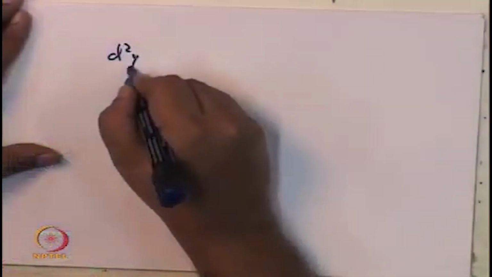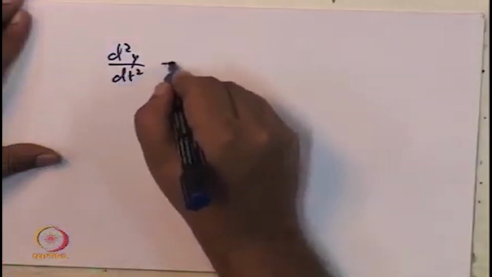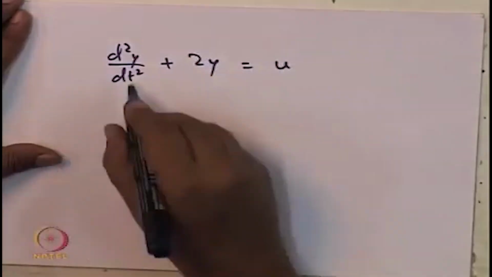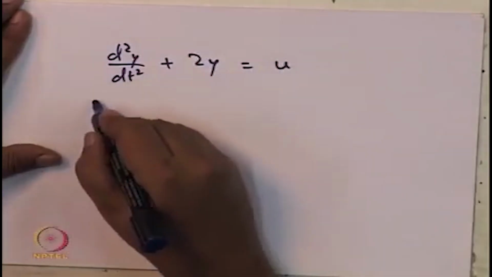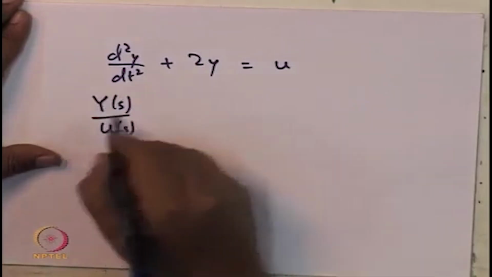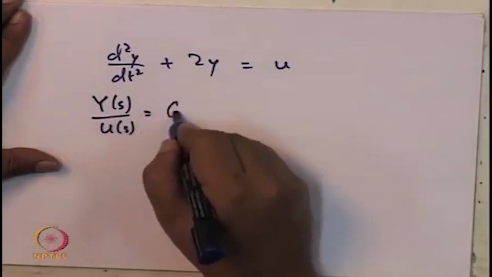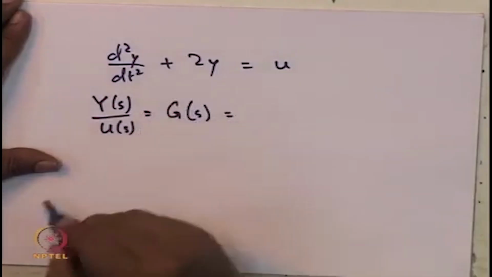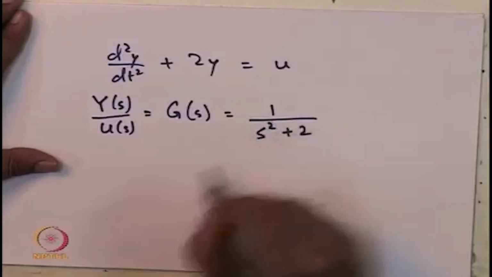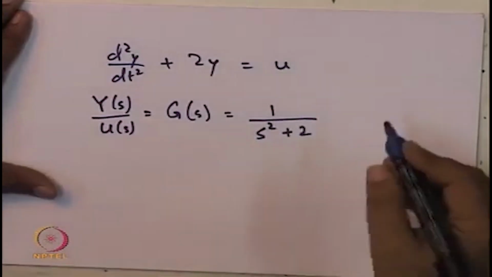So, if you look at that system d2y dt squared plus 2y equal to u, this is a linear system which has transfer function given by y(s) by u(s). This is the transfer function g(s), which is equal to 1 upon s squared plus 2. Okay.